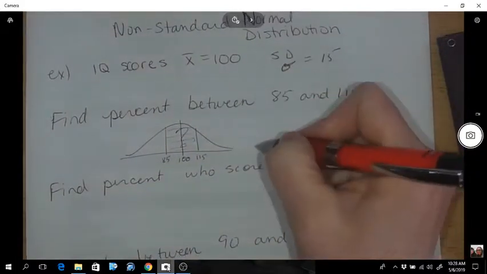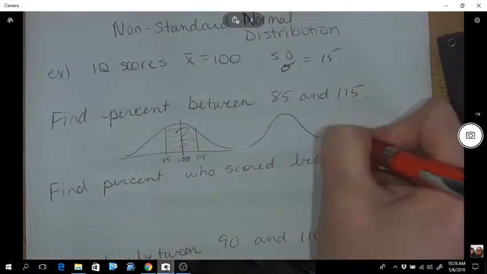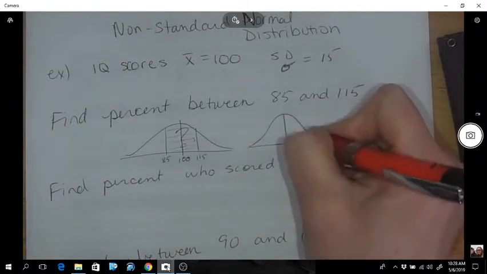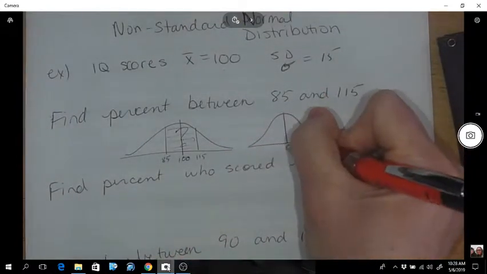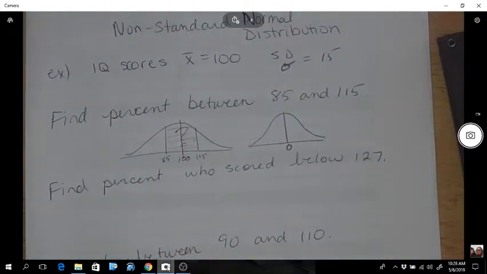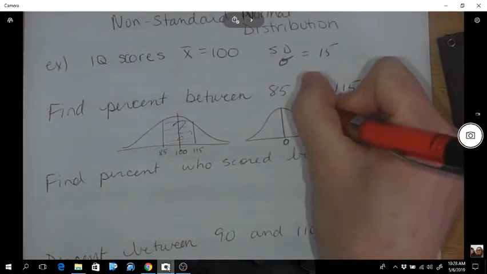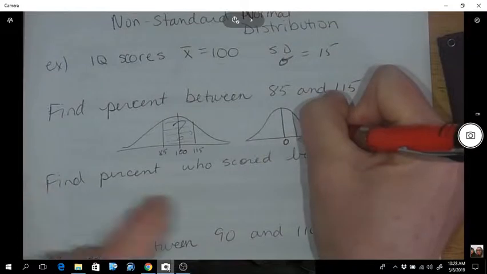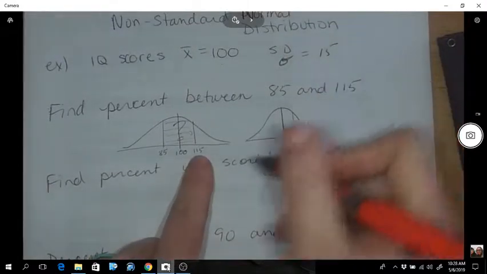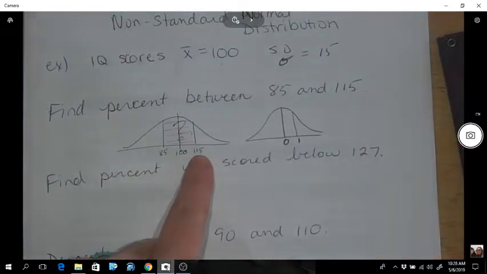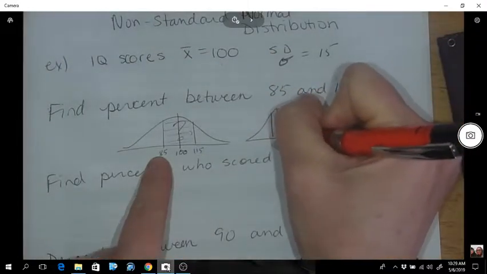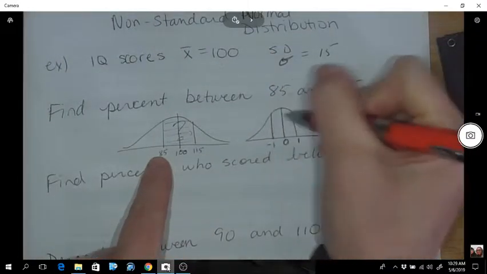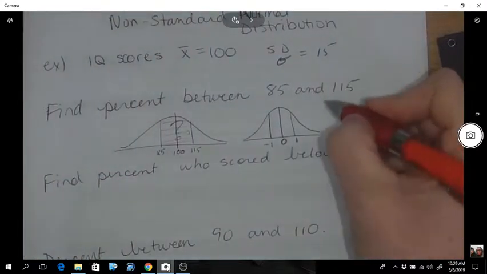Now, if you convert this to a normal curve, so that's non-normal, a normal curve would have a mean of 0 and standard deviations of 1, 2, and 3. And 115 is equivalent to 1 standard deviation above, and 85 is equal to 1 standard deviation below.